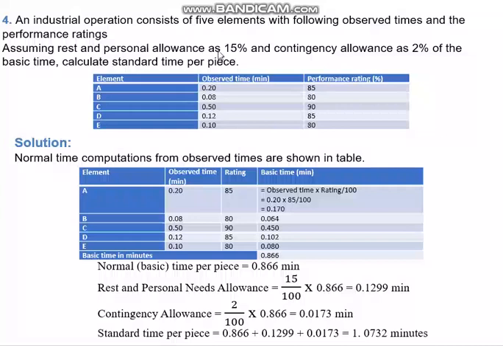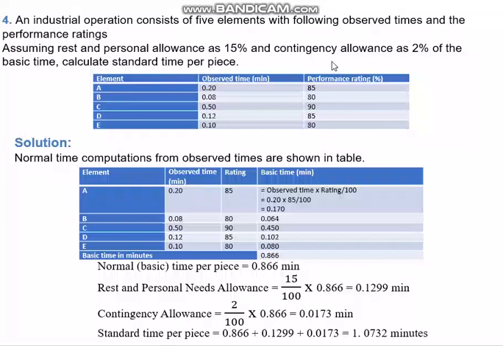Assuming rest and personal allowance, or relaxation allowance, as 15%, and contingency allowance of 20% of the basic time, calculate the standard time per piece.